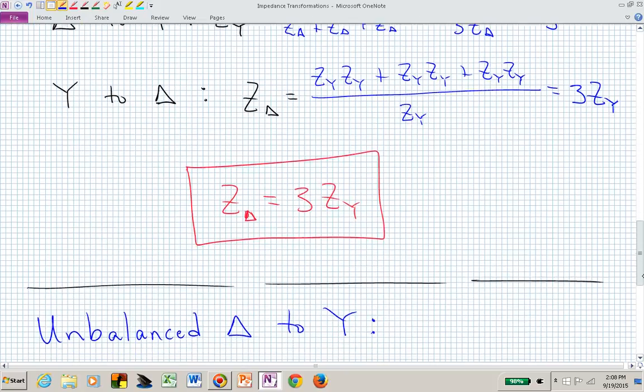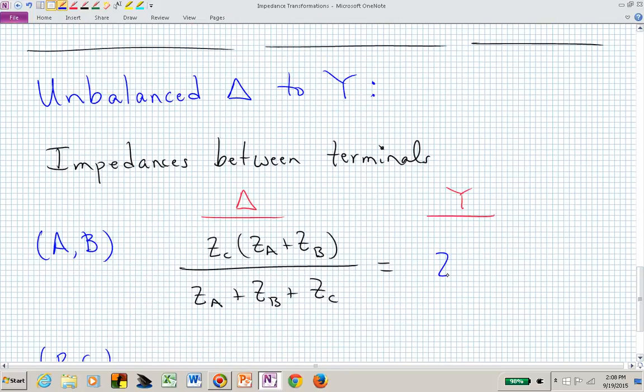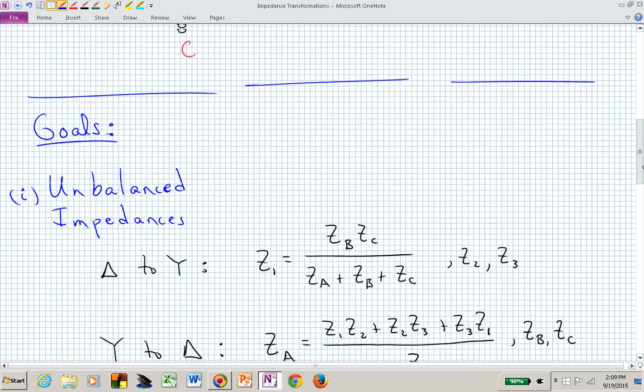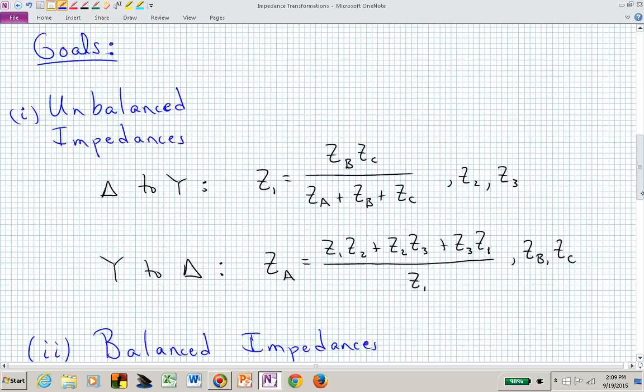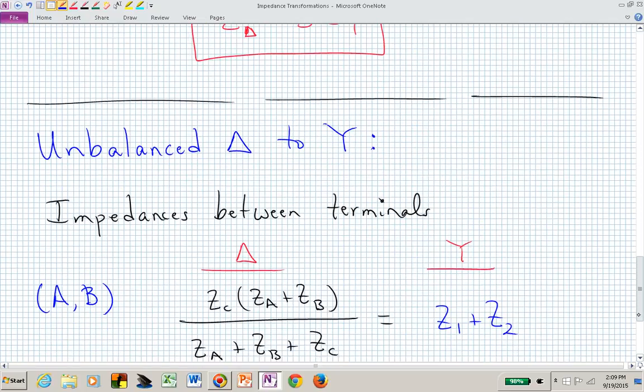And that we want to be equal to the impedance that we have between terminals A and B for the black impedances, or the delta configuration. And there, if you virtually erase the blue impedances, now you can see that Z_C is in parallel with the sum of Z_A and Z_B. And that's what we've written down here.